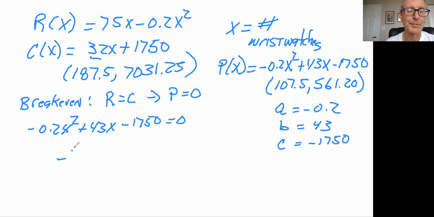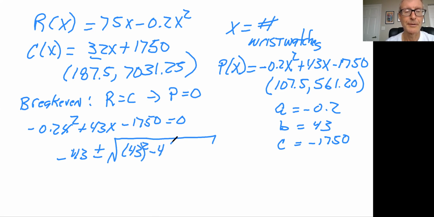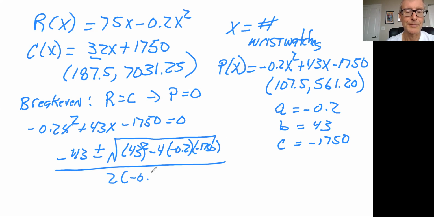Minus b, so it'd be minus 43, plus or minus the square root of b squared, which is 43 squared, minus 4 times minus 0.2 times minus 1750, all divided by 2 times minus 0.2.